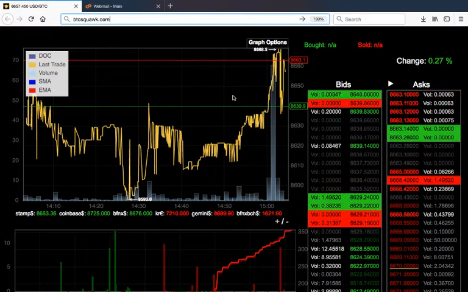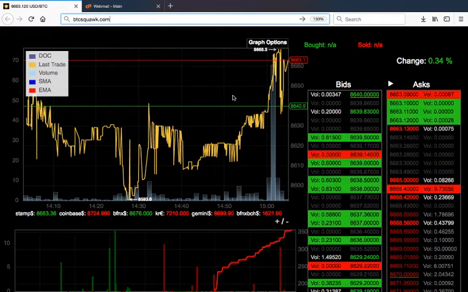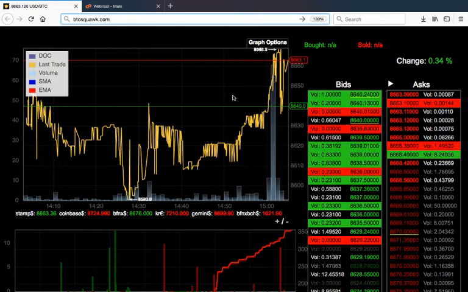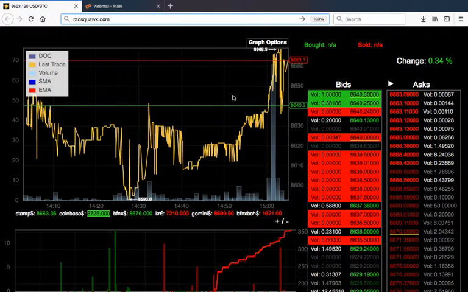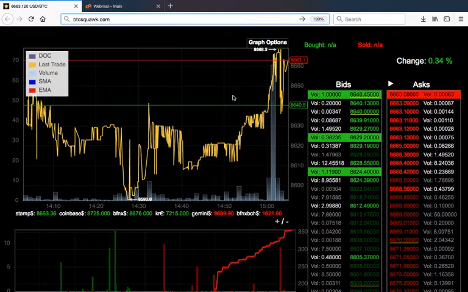Wide market. Very wide market. But they are hitting the offer, so it looks like a bit of strength coming in.